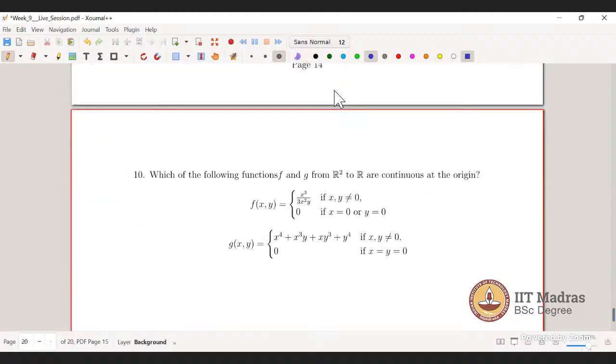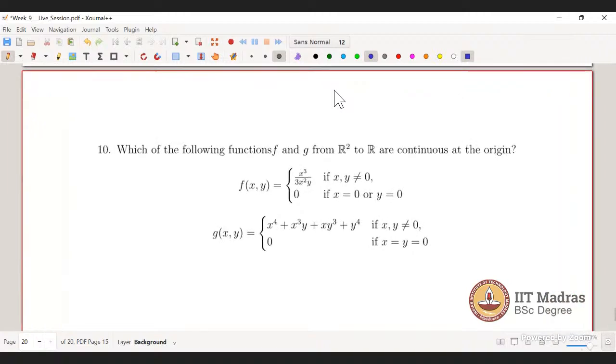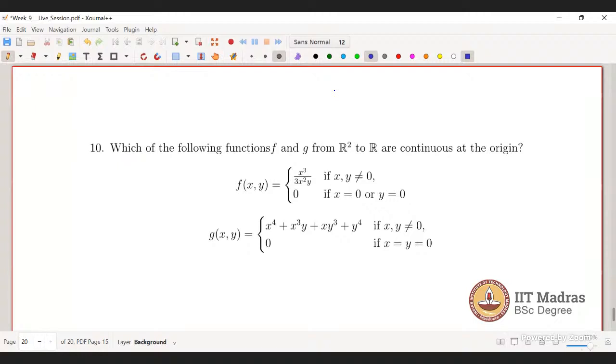So what about this one? Any guess? Certainly this is not continuous, right?